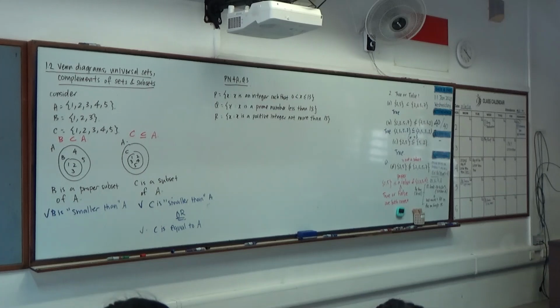So the set of students with A1 can be a proper subset, but it may not be, because if all of you get A1, then it's equal already, then it will be a subset. So as long as there's a possibility of it being equal, then it will be a subset.